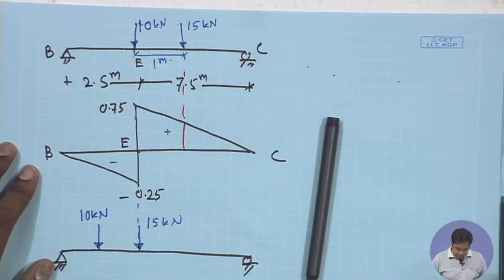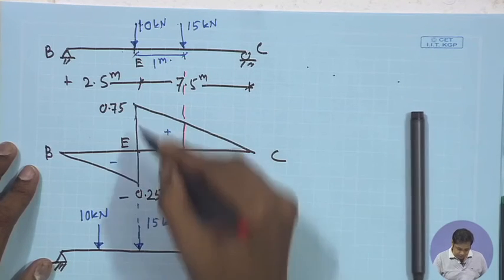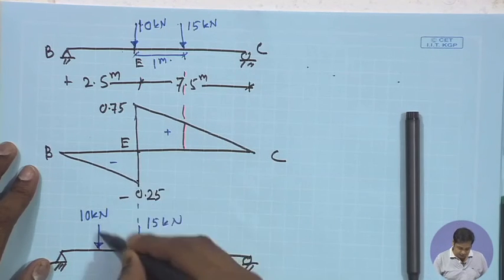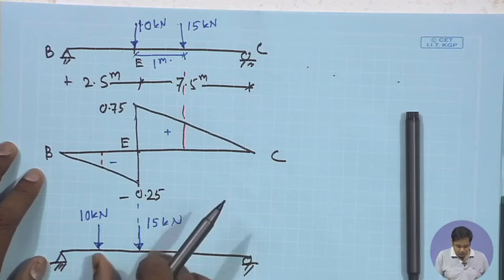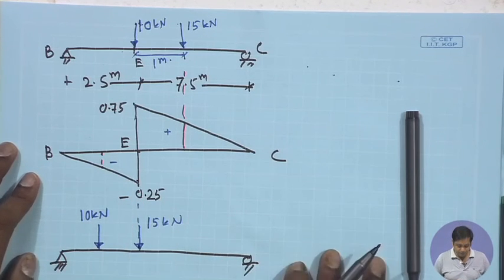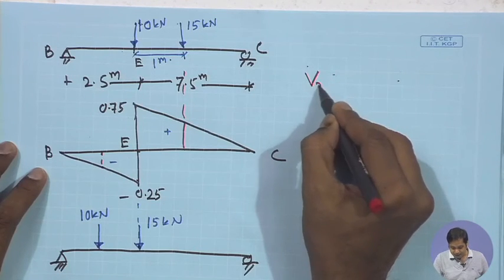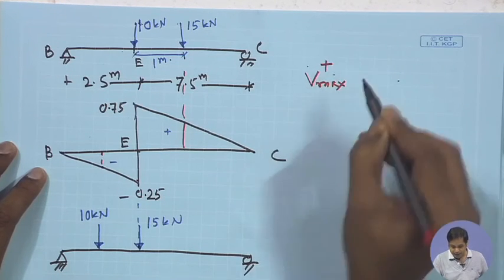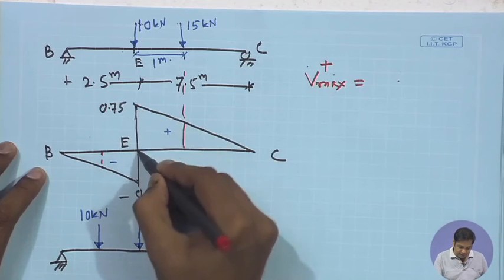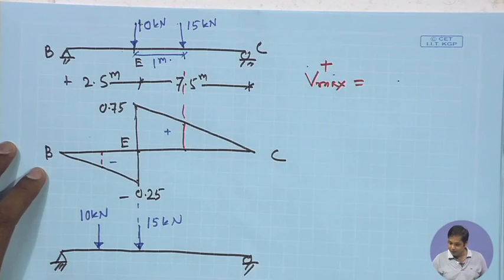In this case your shear force will be 15 into this distance plus 10 into this distance. So, your shear force will be maximum negative shear. So, for V maximum positive it will be this into this.